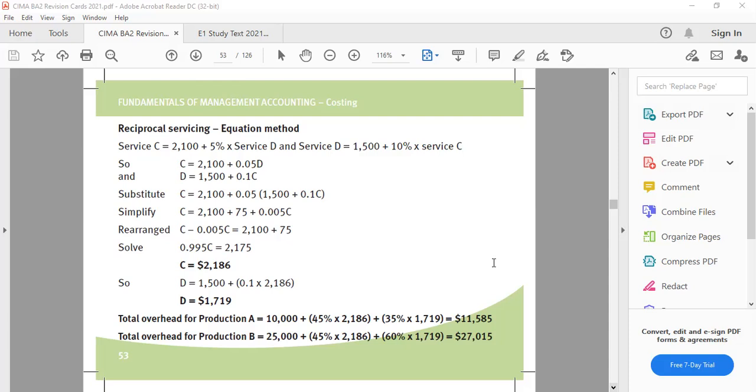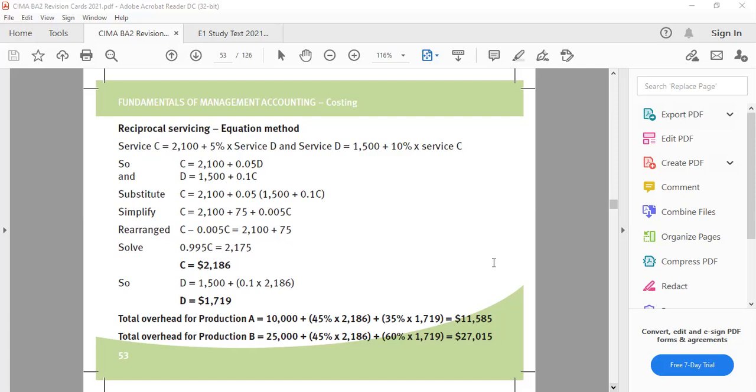So 210. 210 plus, this will be 1 into 5 is 5, 0.005 D. So D minus 0.005 D is equal to 1710.